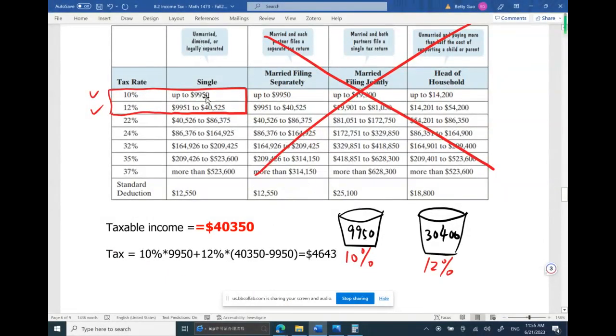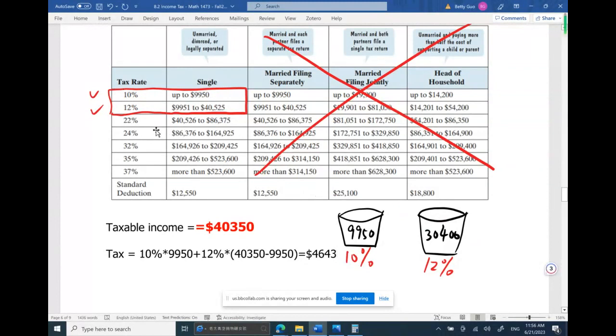Yeah, you first have to find the filing status. And secondly, you determine how many buckets you need, right? In this case, because your taxable income falls in the second bracket, we only need 2 buckets. The first bucket has the first $9,950, and the second bucket has the rest of the money. For the money in the first bucket, we apply a 10% tax rate.